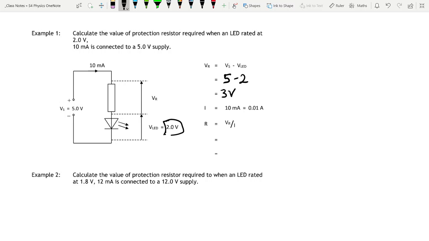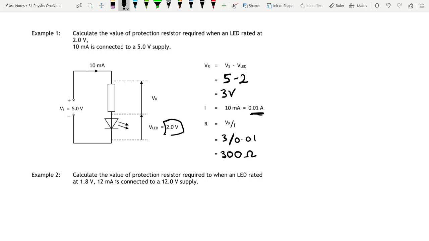Okay, they share the supply voltage. We're told that the current is 10 milliamps, but you need to be careful with units, change it into amps. So therefore, the resistance of the resistor is the voltage across the resistor divided by the current through it. Current in a series circuit is the same at all points, so the current is just the current. So it's 3 divided by 0.01. That comes to, obviously, 300 ohms.